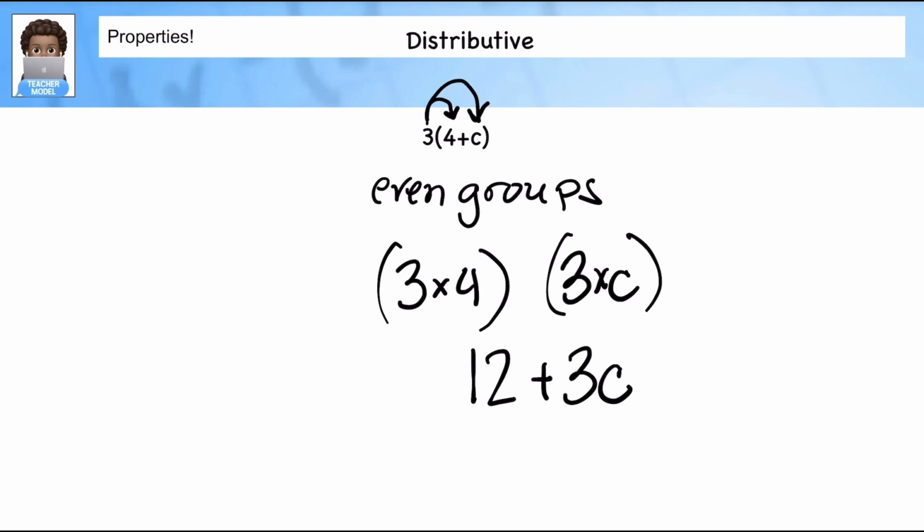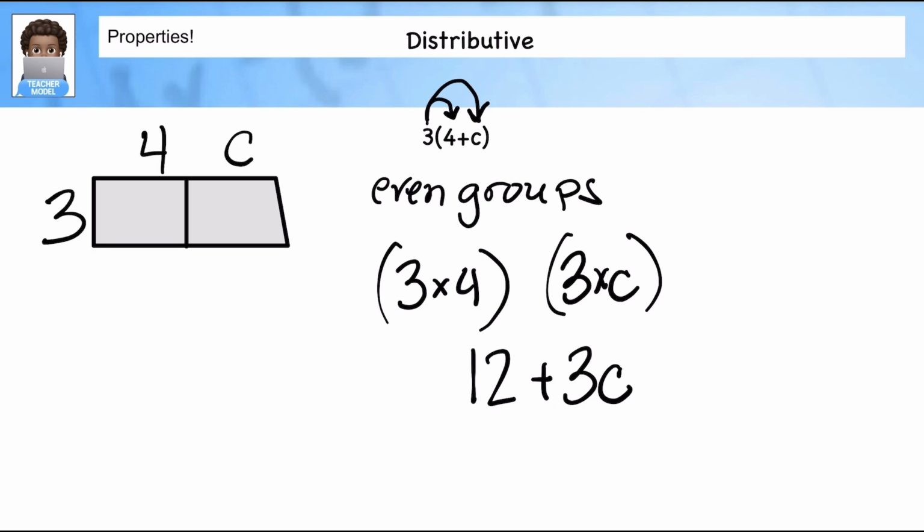We've seen this many times, but we're also going to see this a lot with array models because we won't always have easy numbers to work with. So I could also use a model to show 3 times 4 is 12 and 3 times c is 3c, and I can rewrite it.